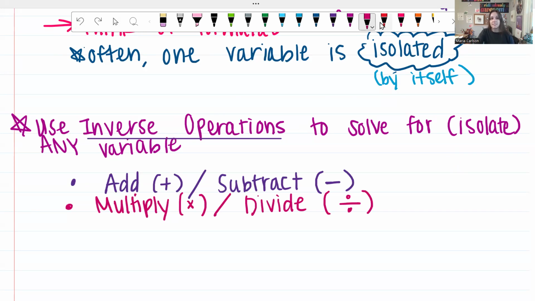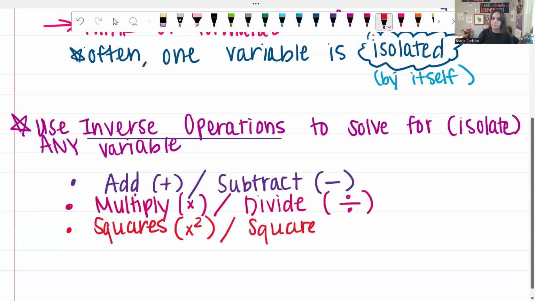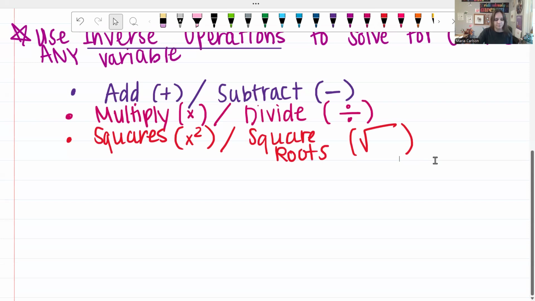The last set, which we learned earlier this unit, is squares, meaning something raised to the second power, and square roots. They are opposites of each other. So if you see something being squared, you can undo it with a square root. Also, if you see something in a square root, you can undo it by squaring it.